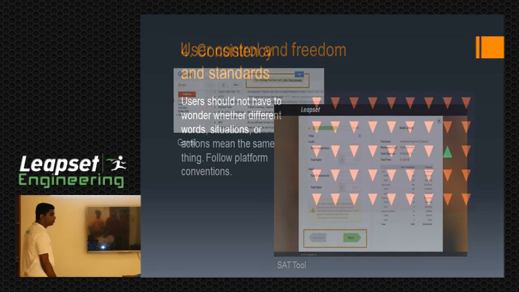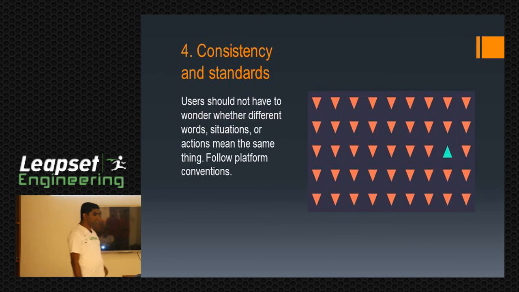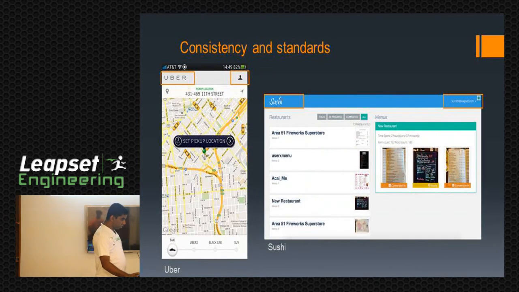The next principle is consistency and standards. It says follow standards and try to be consistent. These are two real world examples.